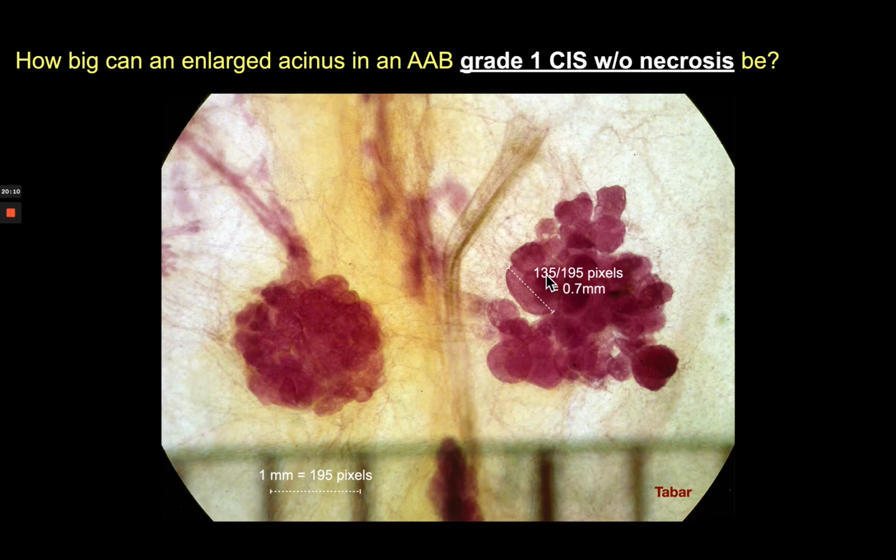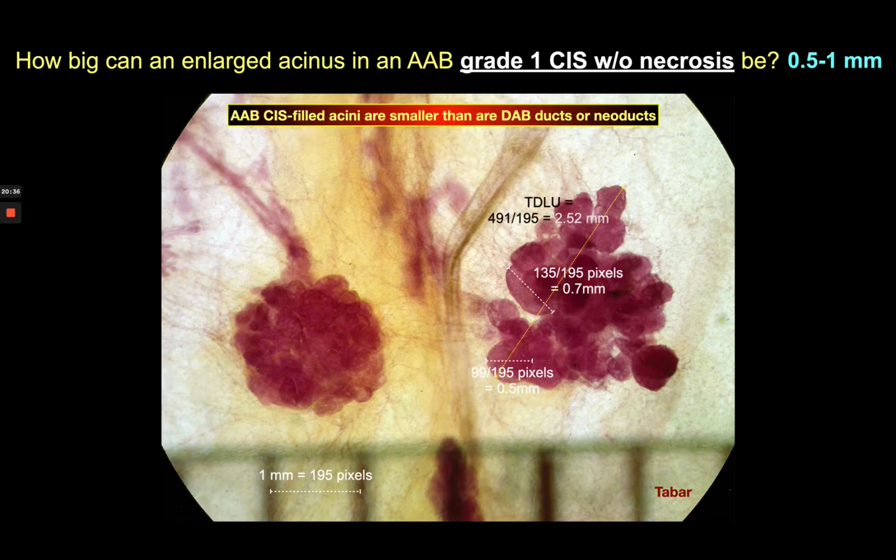And we can see that the largest acinus that I can see is 135 pixels. So it's less than a millimeter. So we're seeing that when I have AAB, the enlarged acini tend to be less large than the neoducts from a DAB. Now this is grade 1, and we're seeing 0.5 millimeter to 1 millimeter size of these enlarged TDLUs.